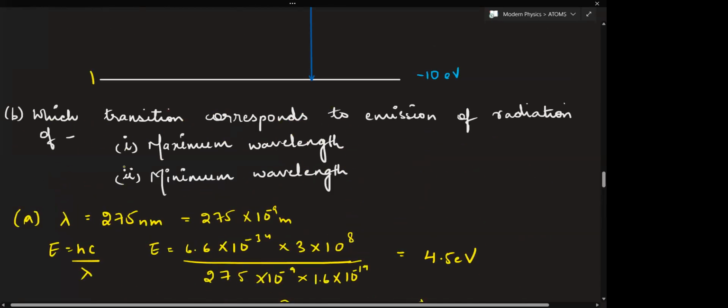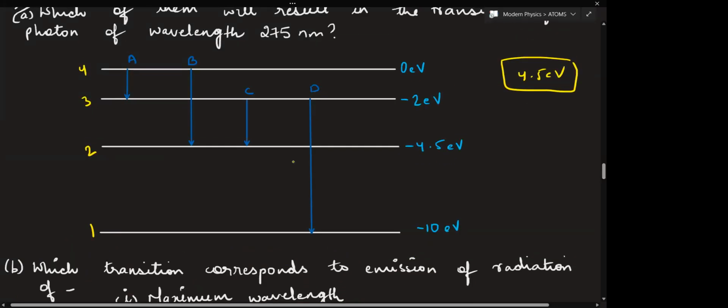Now see this question: which transition corresponds to emission of radiation of maximum wavelength and minimum wavelength? You have all the 4 values of energy. What is the relation between energy and wavelength? E is equal to hc by lambda. Inversely proportional.